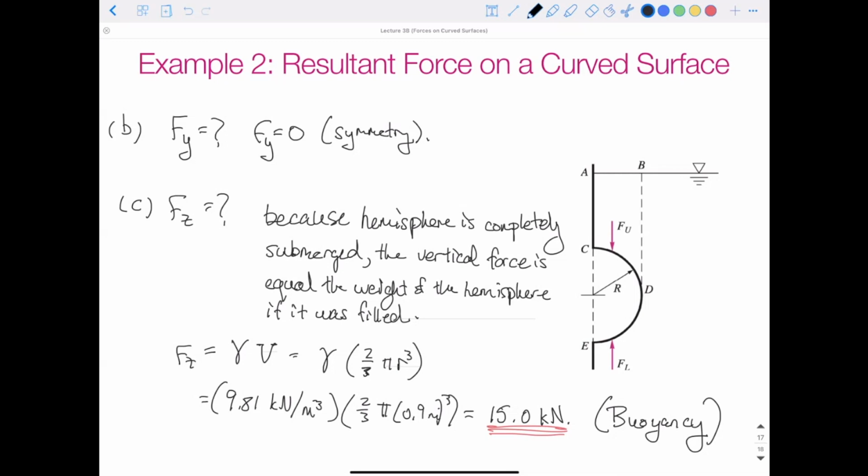It can easily get confusing if you start off with the wrong diagram. So make sure when you're drawing your problems and showing your diagrams for your forces and different sections, you're taking care of everything. Go through these examples again on your own. Try and do them on your own without looking at the solutions and see if you can get the same answer. It would be good practice.